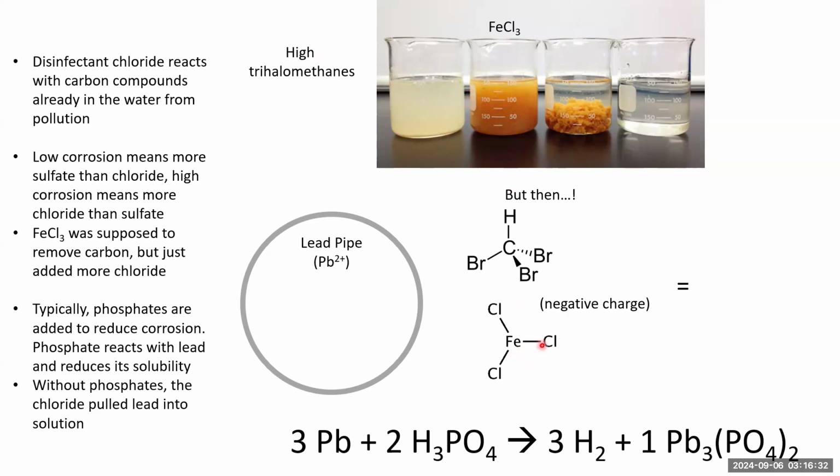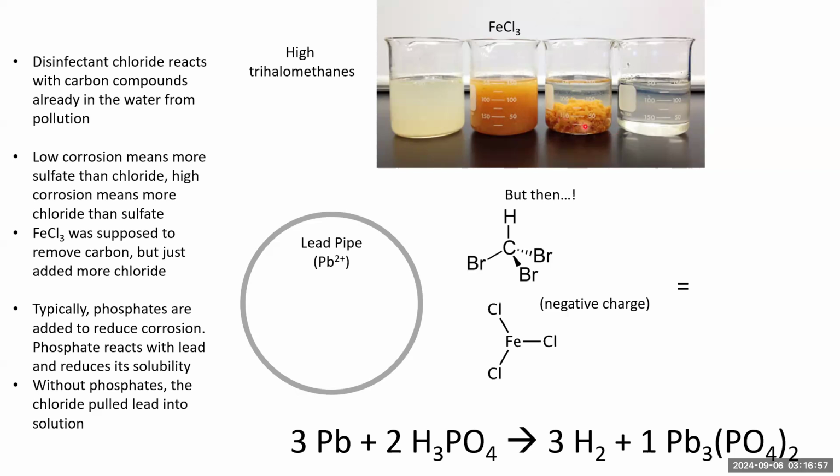So here's what iron chloride looks like. And iron chloride reacts with these trihalomethanes and it forms this flock, F-L-O-C-K, like a flock of birds, but not like a flock of birds, more like you're flocking a Christmas tree. Folks heard of flocking a Christmas tree? Where you spray the snow on it, it gets all puffy.